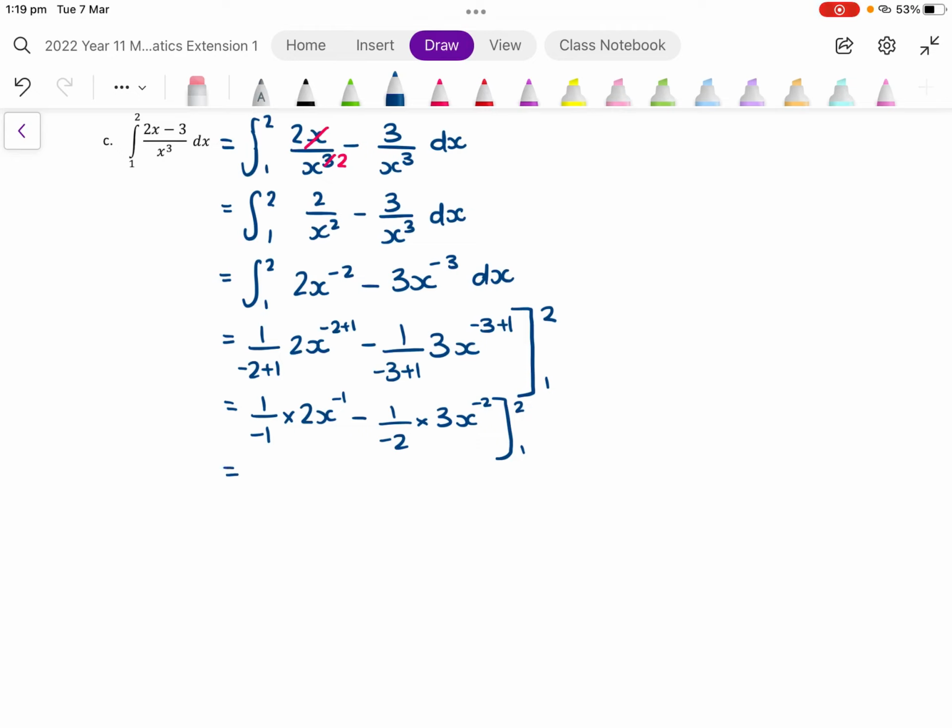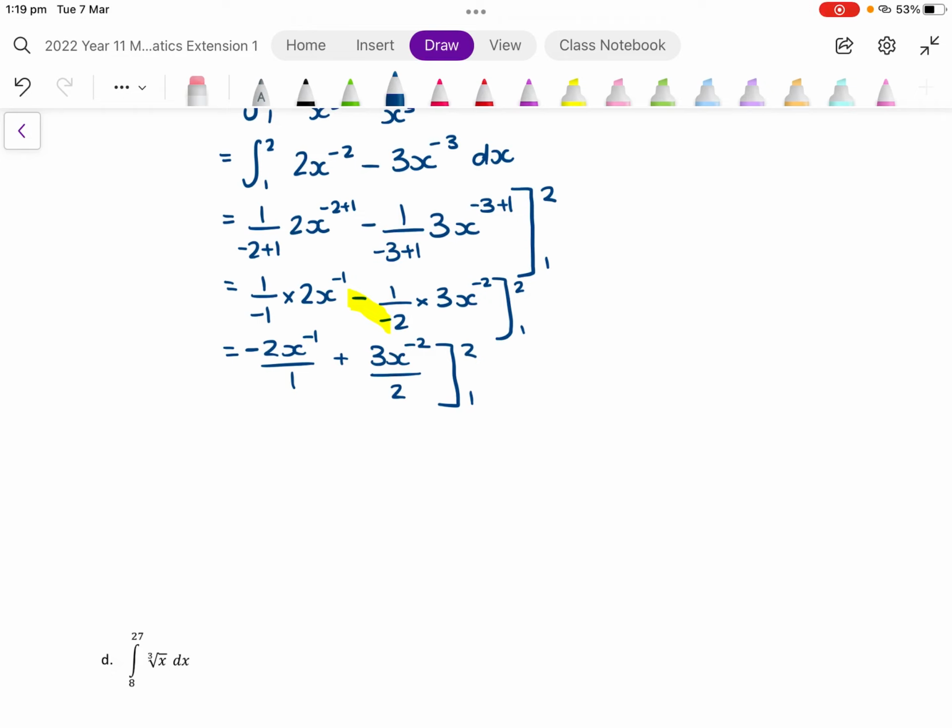Again, we can tidy this up, so it will be 2x to the power of negative 1 all over negative 1, so that we can just bring our negative out the front there, plus, it will turn into a plus because our minuses here marry up and make a plus, we'll have our 3x to the power of negative 2 all over 2.